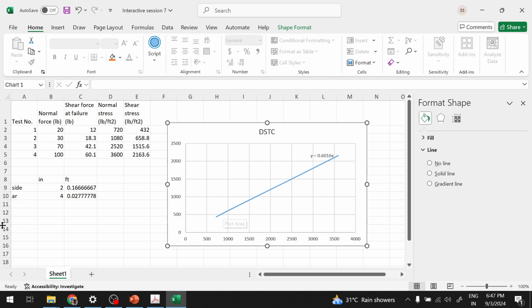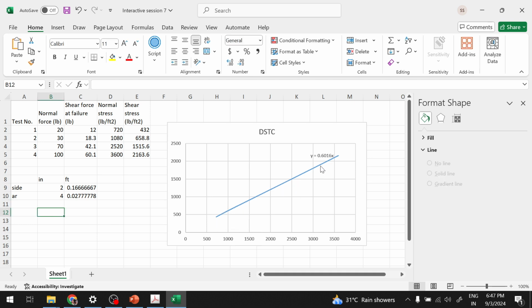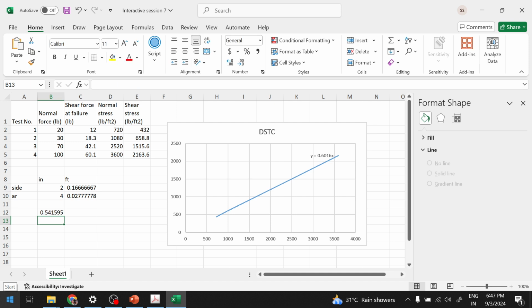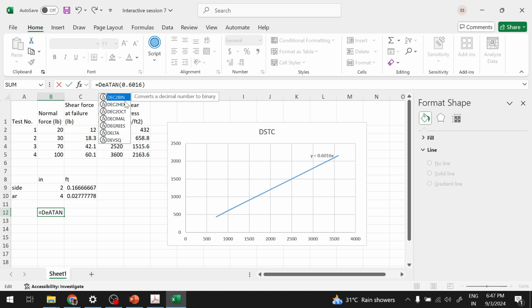Here we can actually write this as ATAN of 0.6016, but we need this in degrees, so we will do degrees.